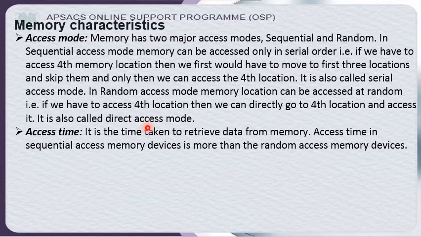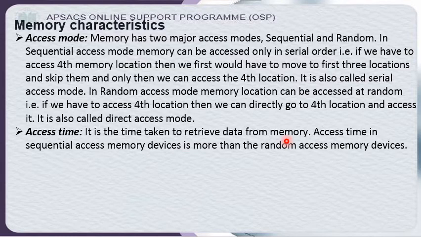The next one is access time. It is the time taken to retrieve your data from a memory. Listen here, this is very important. Whenever we are accessing our memory, it requires some time to reach from your storage device to the processor.